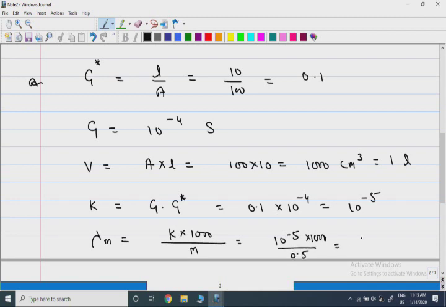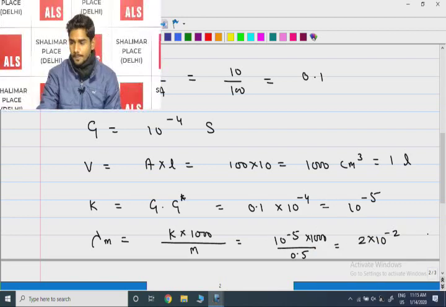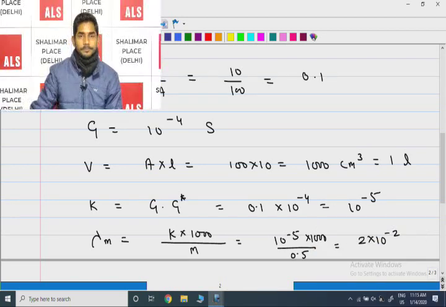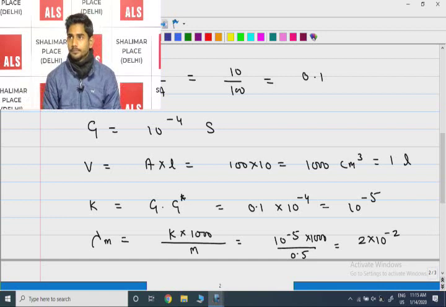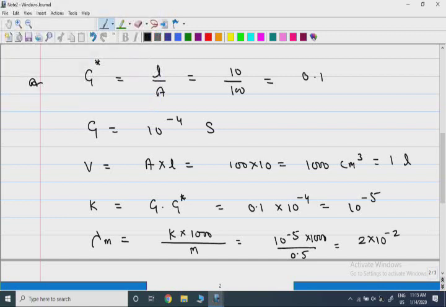On solving, we will have 2 into 10 to the power minus 2 Siemens centimeter square mole inverse. Okay, please copy this. I hope everyone is clear with the solution. If anyone is having any doubt, please ask me. Raise your hand if you have a doubt in this solution.